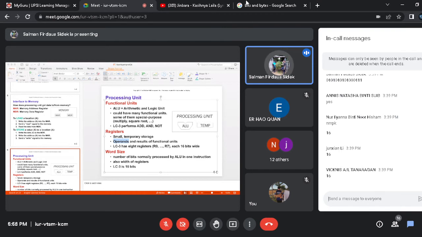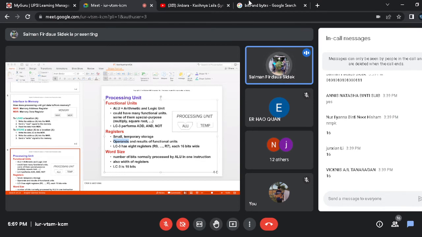So how many 0 and 1 will be processed in one single time? The answer is 16. So in one single time, the ALU can process 16 bits, or one word. 16 bits means one word.